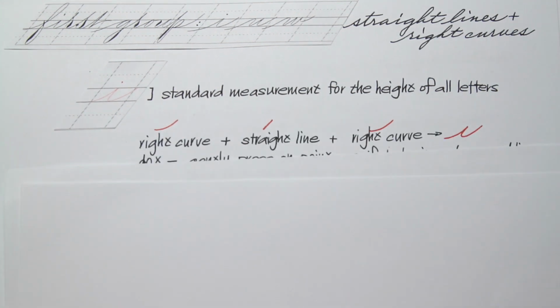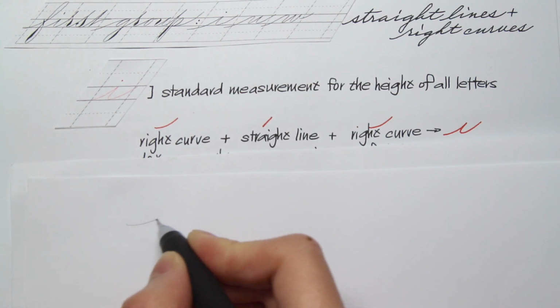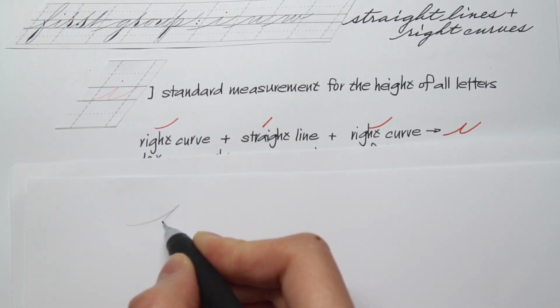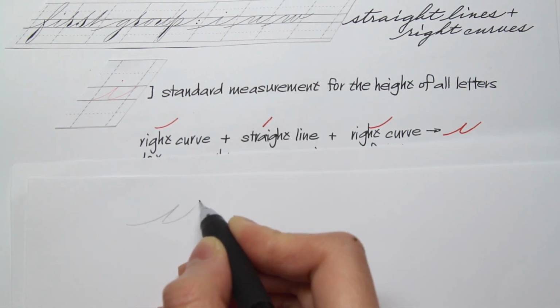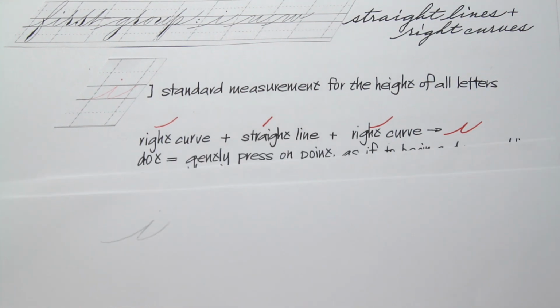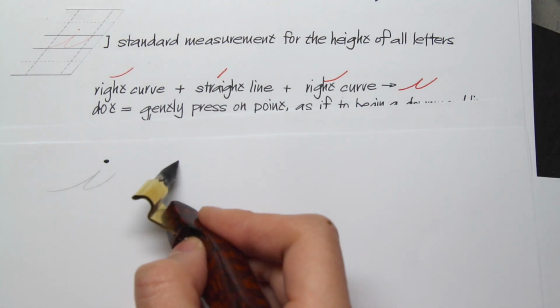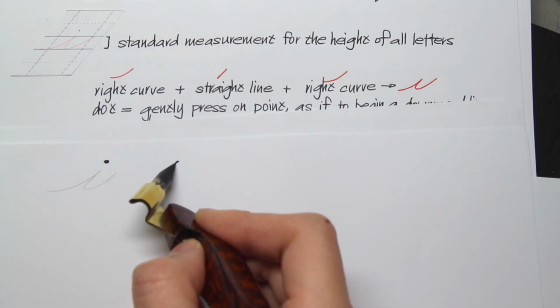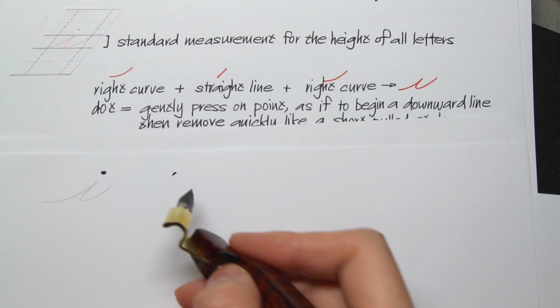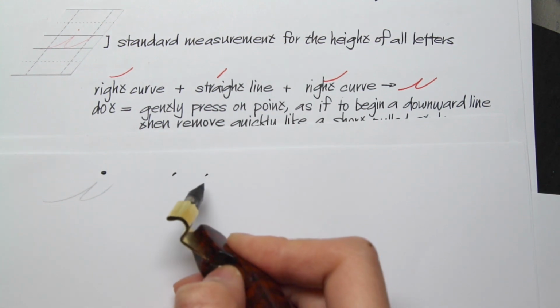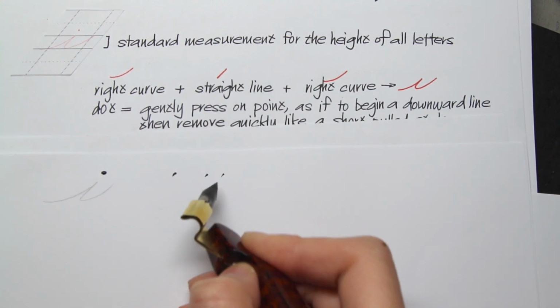So the letter I is composed of right curve, straight line, right curve, and a dot. When you do the dot, it is not a circle like this. You gently press on the point as if you're going to begin a downward line and move quickly. It's like a little teardrop shape.